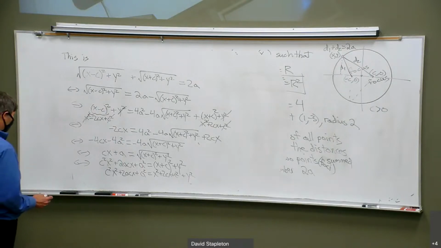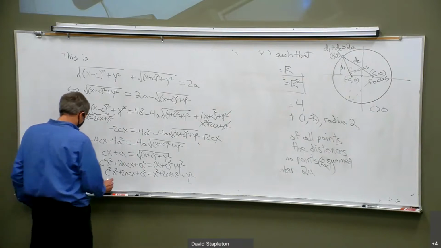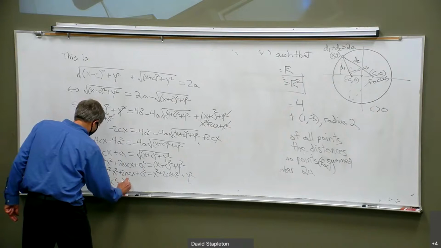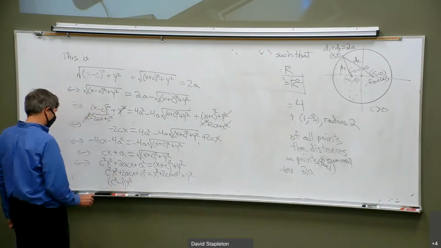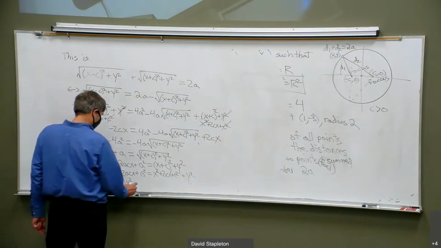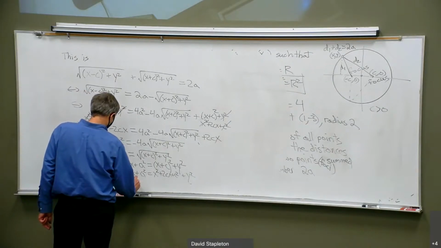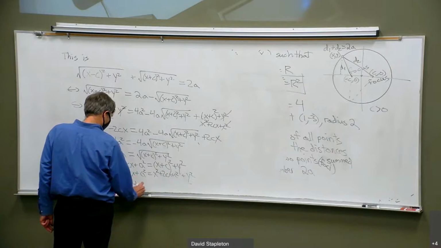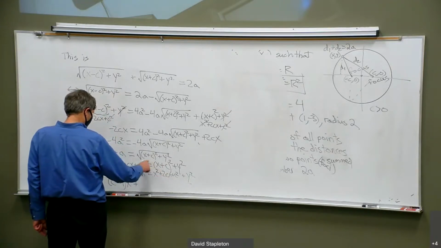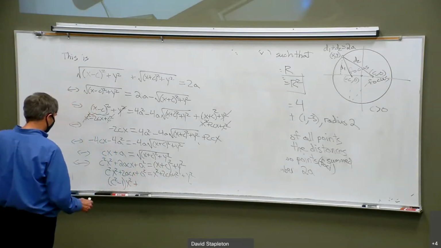And you can subtract the x squared over and write this as c squared minus 1 x squared plus 2acx minus 2cx over here. Did I miss an a?